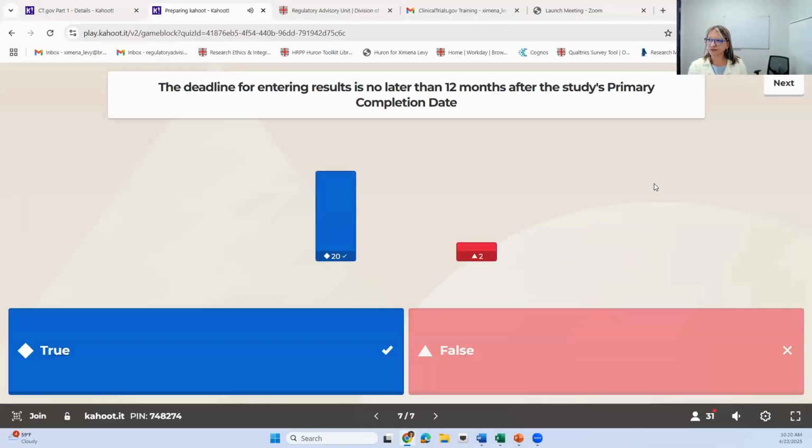Okay, true. That's the no later than 12 months. If it's 12 months and 1 day, we get an alert, we get a flag, late results, and we will go over later what happens there.